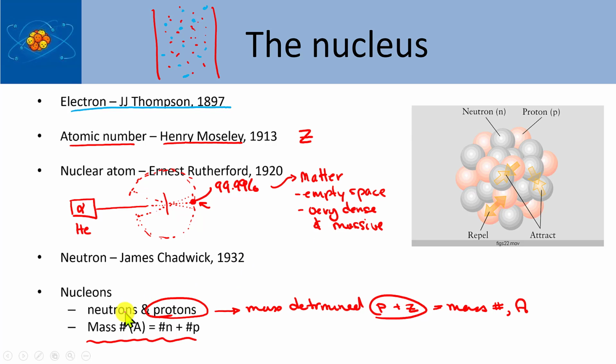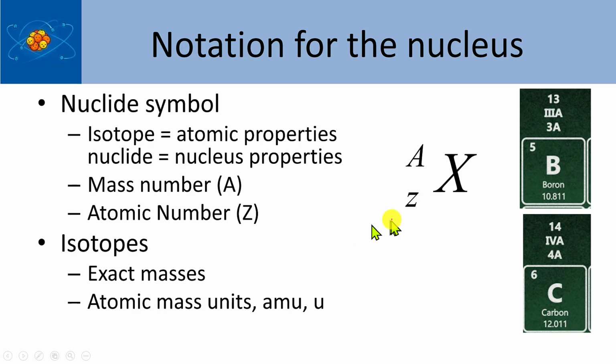Okay, we refer to the individual particles in the nucleus as nucleons. And so we have something called a nuclide symbol. And the nuclide symbol is something you're probably familiar with from Chem 1A. It's when you write the element symbol, and then you put in the mass number on the top left and the atomic number on the bottom left.